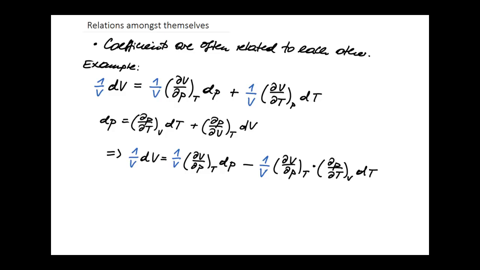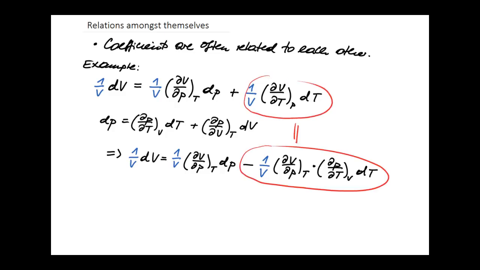Now compare this last equation with the first line. We have the same term on the left-hand side, and on the right-hand side we have, in both cases, two terms, and the first terms agree. So the second terms, so this one and that one, they must agree. They must be equal.